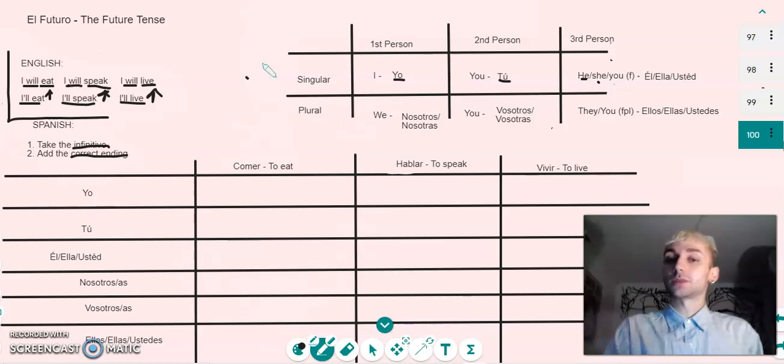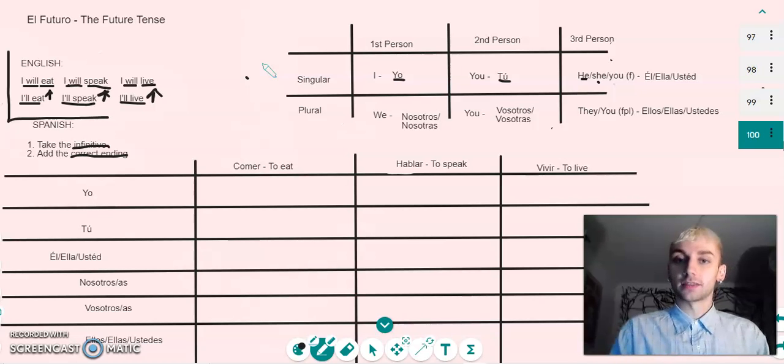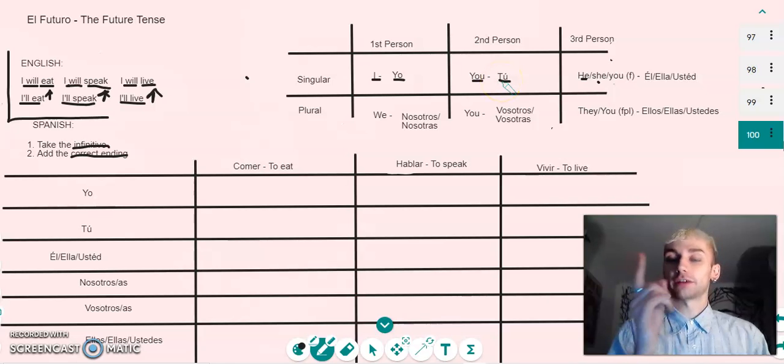These are the pronouns that we have in Spanish, and these determine the endings which we should use when talking in the future tense. We have first person singular, which in English is I, in Spanish yo. We have second person singular, in English you, in Spanish tú, when you're referring to one person only.